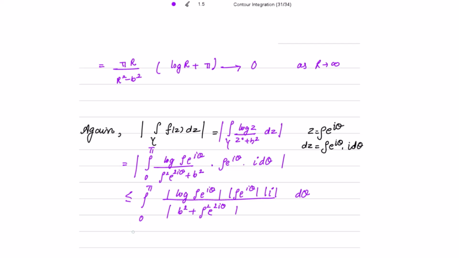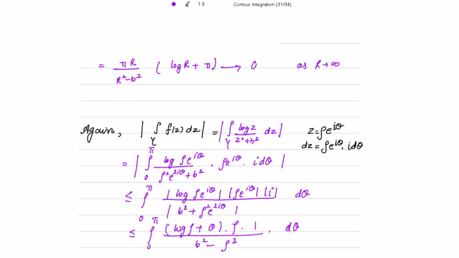So this is further less than or equal to, by applying the result, this is log of rho plus θ, and this mod is rho, and this is 1 over b² minus rho². This is what I was going to notice to you. So this is dθ.